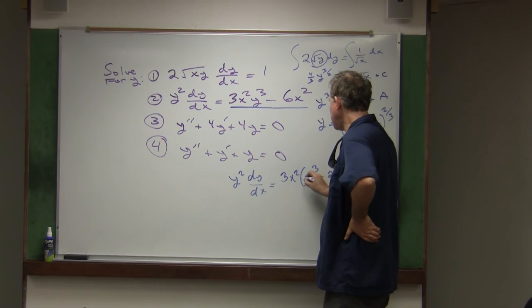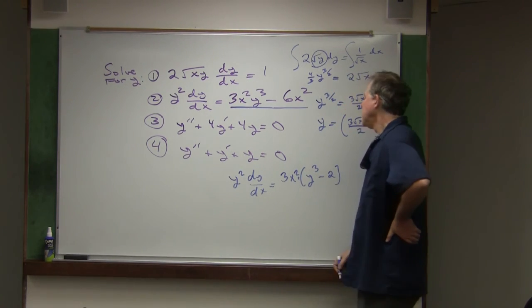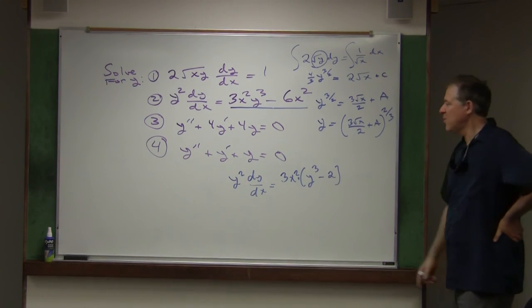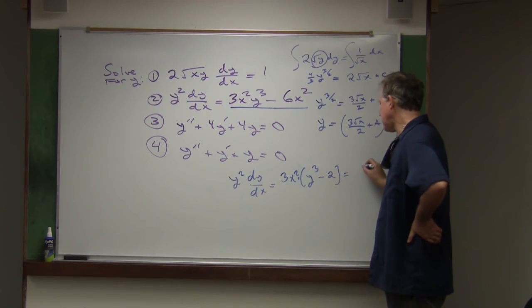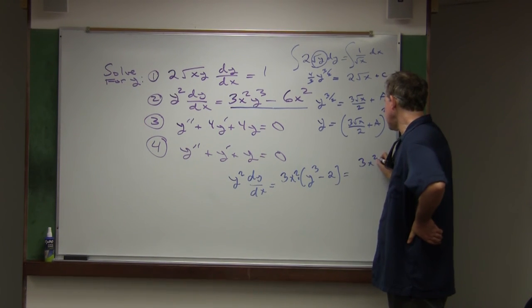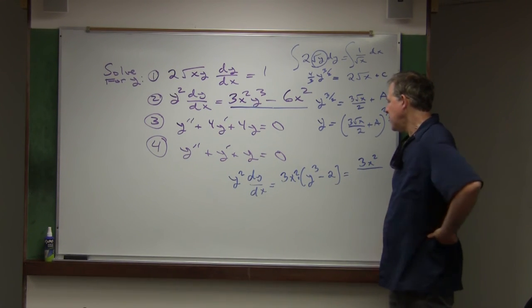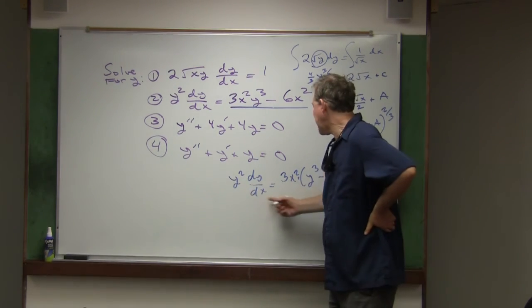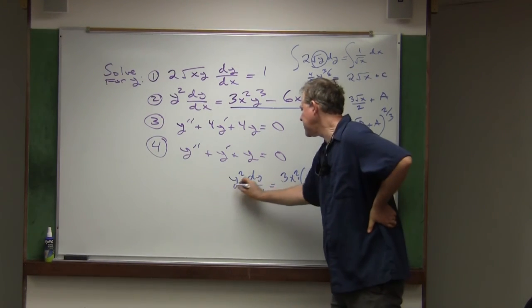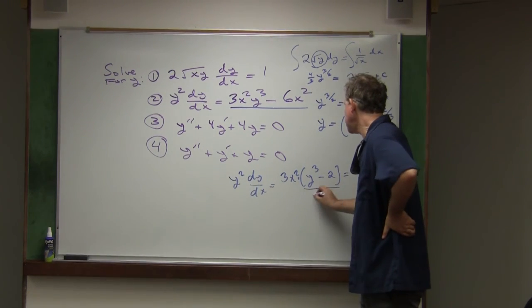Now it's a multiplication and now it's separable. In the separable form, you could get this on the other side by putting the y squared here.